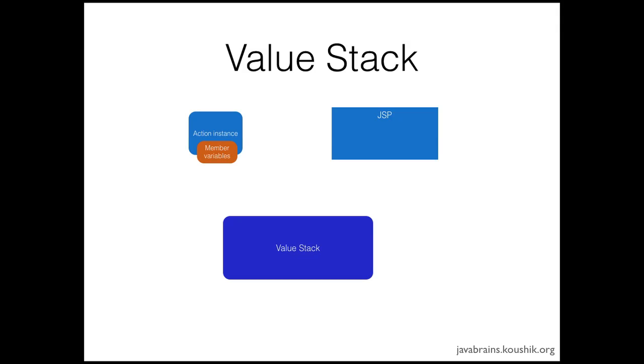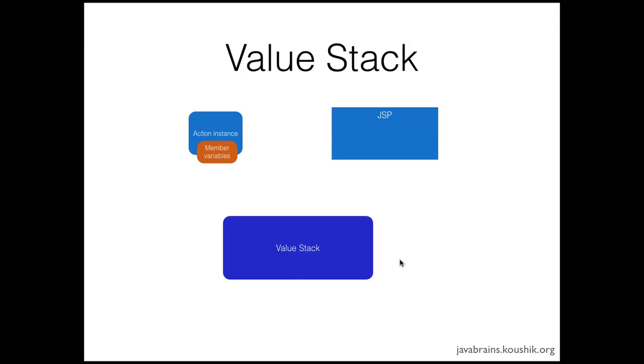So even though it kind of behaves like that, it's not really a stack in a traditional sense. And this value stack is used by the Struts2 framework to save a lot of important objects. As I said, different components of the framework use this value stack to get those objects and also to save objects.